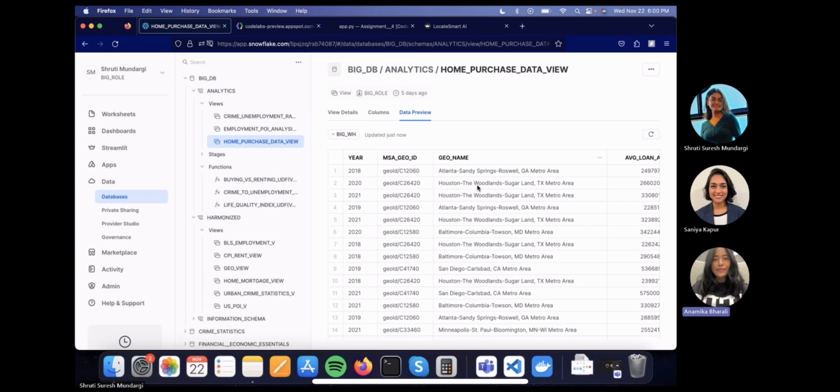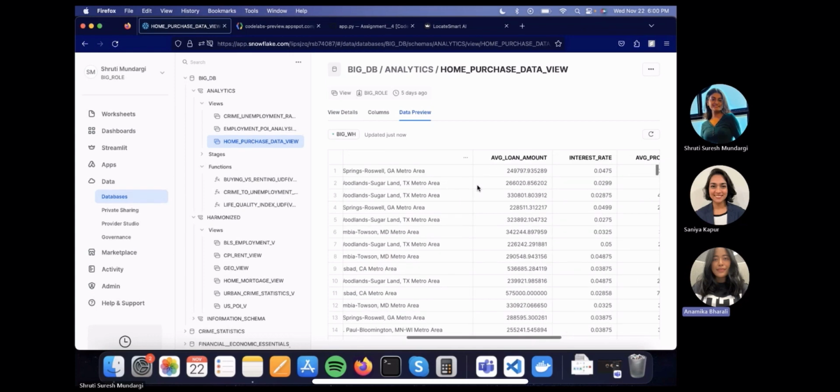Hi everyone, this is Anamika. I'll be going over the home purchase data view. This one was used for making the BLS employment view and the geo view. The BLS employment view is from the Bureau of Labor Statistics, and the geo view gives us all the cities and the addresses of each geo ID. Here we've used the year.